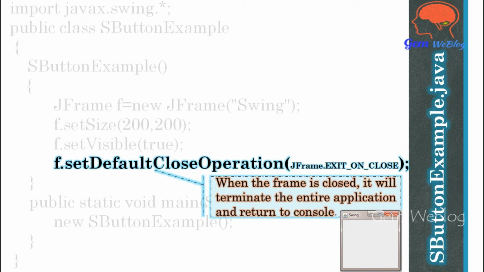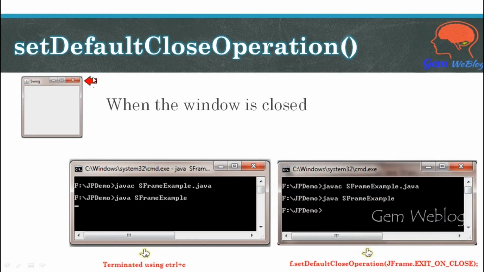The purpose of this method is that whenever the frame is closed, the entire application is terminated and returned to the console. If you are not using setDefaultCloseOperation, you have to terminate the application explicitly using Ctrl+C. If you are using it, whenever the window is closed, the control automatically comes to the console.